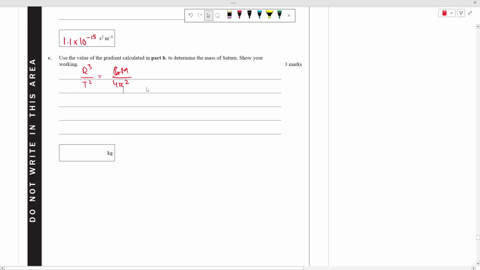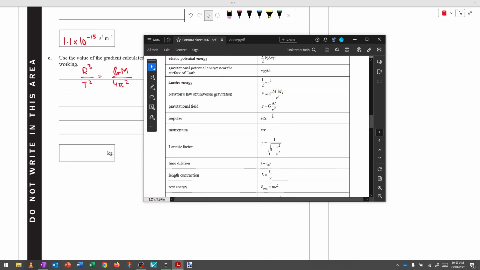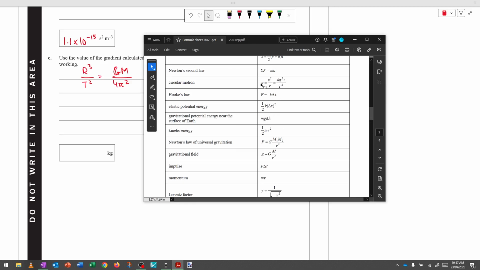So that's the circular motion formula. I'll show you. That is this one. Also the fact that we are in a gravitational orbit, so that comes from here. So I'm basically combining those two equations together.